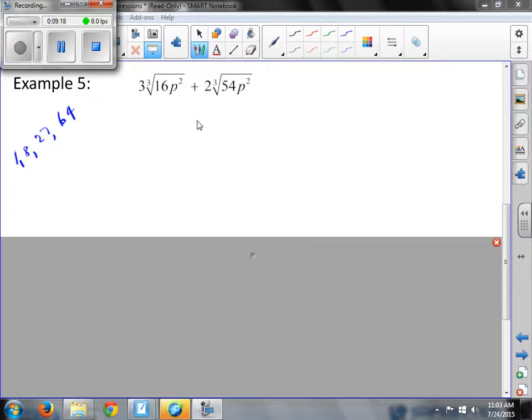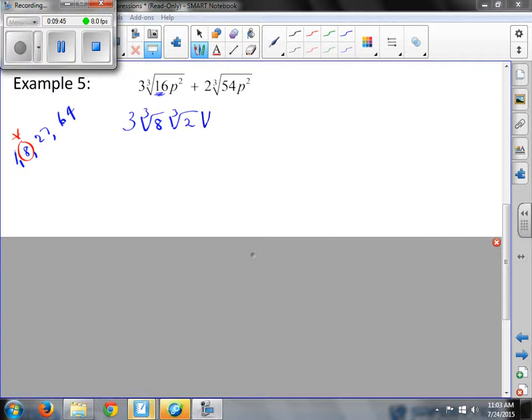Alright, example 5. I put my little cube root chart back out here so that I could refer to it. I have 3. Now, the cube root of 16, what perfect cube is in 16? That would be 8. So we'll have the cube root of 8 times the cube root of 2, because 8 times 2 makes 16.